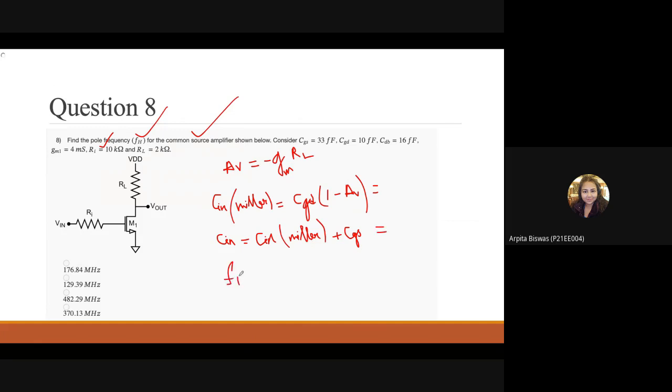So what is the value of this FH? The formula is 1 by 2 pi RC, R is R in into C in. Now tell me what is the value of this FH.